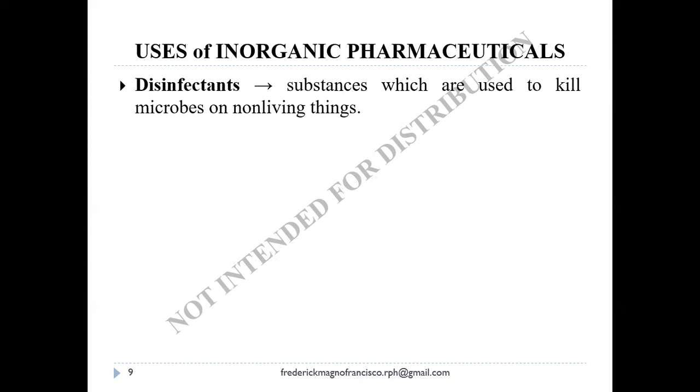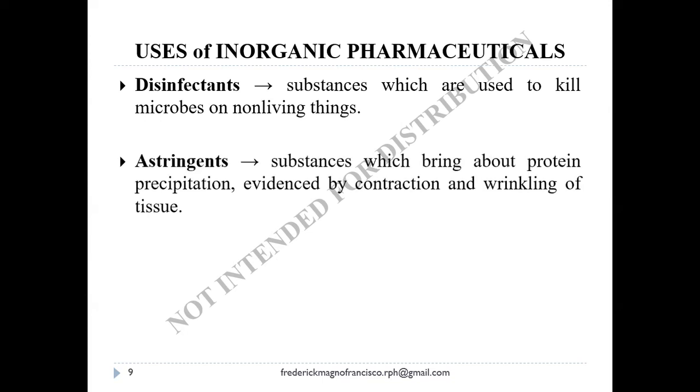Example of a disinfectant is sodium hypochlorite. Astringents. These are substances which bring about protein precipitation, evidenced by contraction and wrinkling of tissue, reducing the appearance of pores. Example of an astringent is potassium aluminum sulfate dodecahydrate.